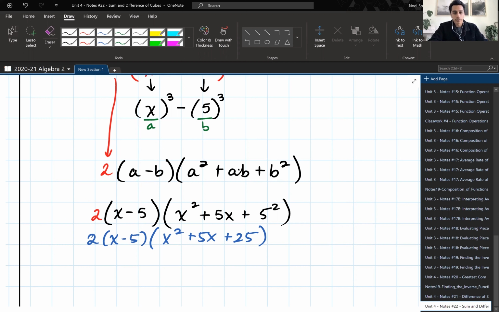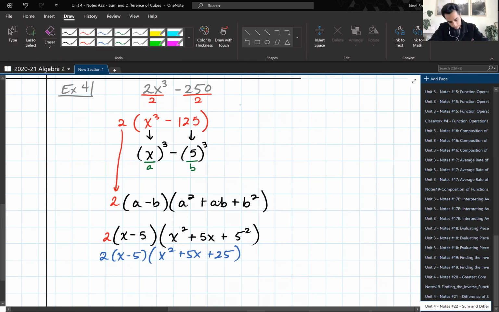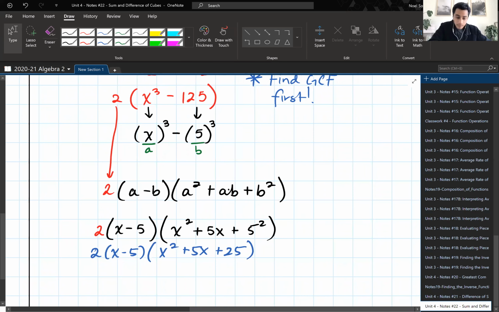Any questions on number 4? So the hint here was find the GCF first. Would it all be in brackets? What do you mean brackets?